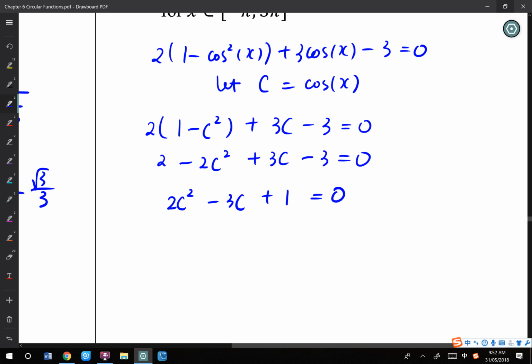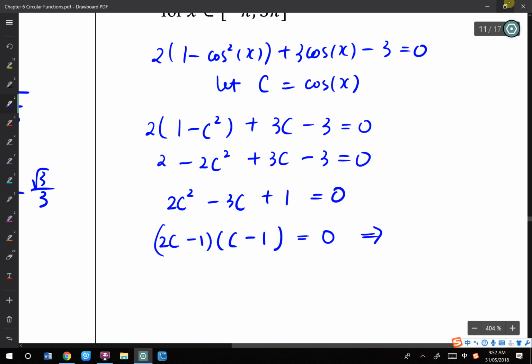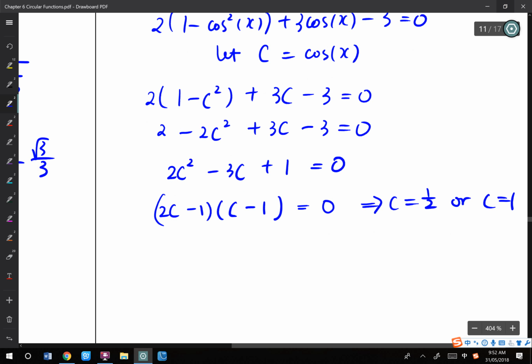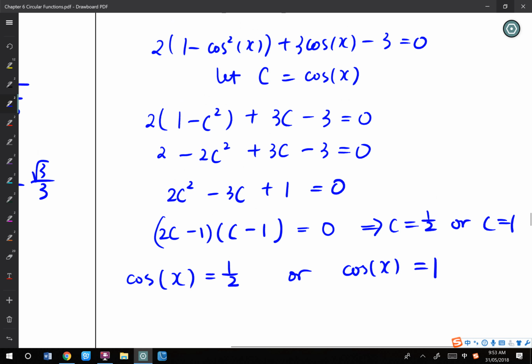Minus everything, and I have 2c minus 1 times c minus 1 equals 0. So I have c equals half or c equals 1. So solve for cosine x equals half or cosine x equals 1. I'm solving between those two equations.